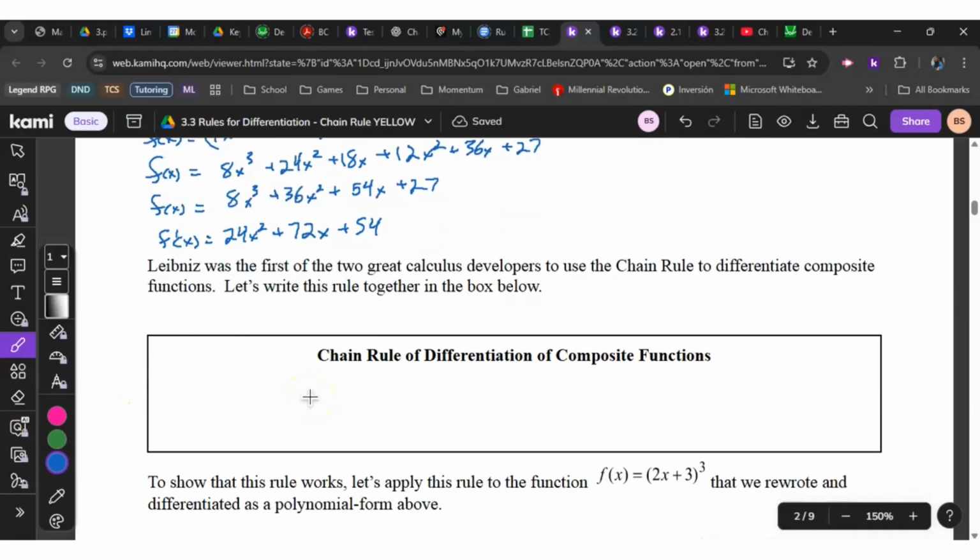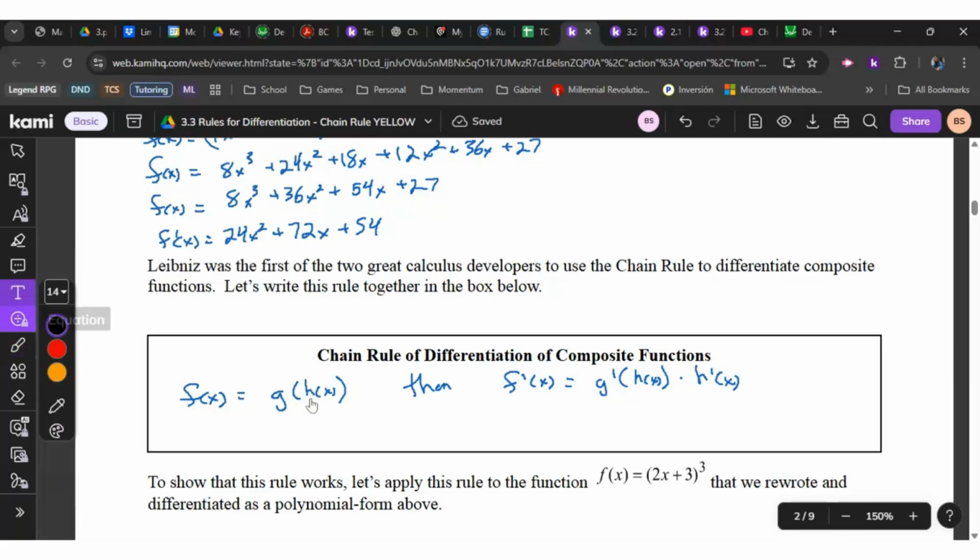Leibniz was the first of the two great calculus developers to use the chain rule to differentiate composite functions. Let's write a rule together. If f of x is equal to g of h of x, in other words, a composite function, then f prime of x is going to be equal to g prime of h of x times h prime of x.